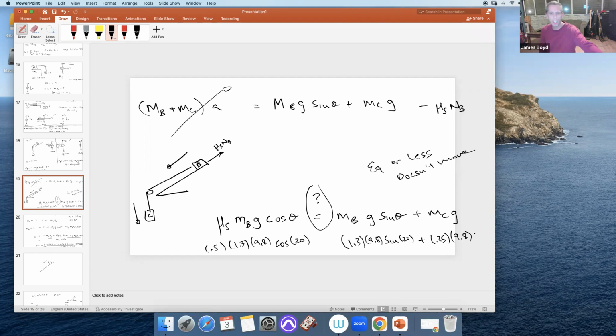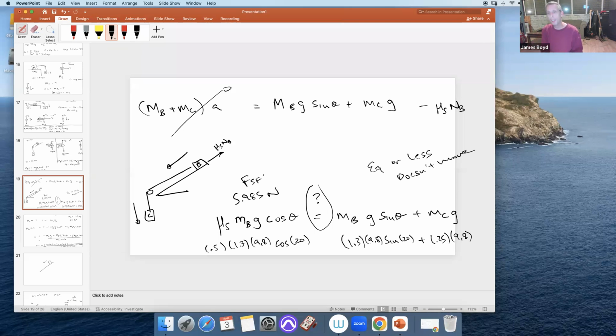All right, so you could eliminate m and g. Well, you could eliminate g from both sides, but I wouldn't bother. 0.5 times 1.3 times 9.8 cosine of 20 is 5.985 newtons. That is the force of static friction.